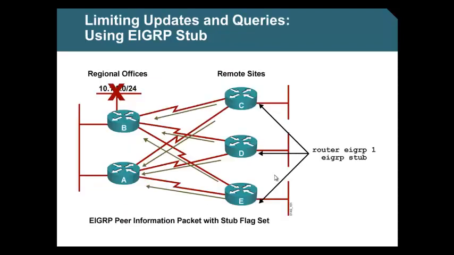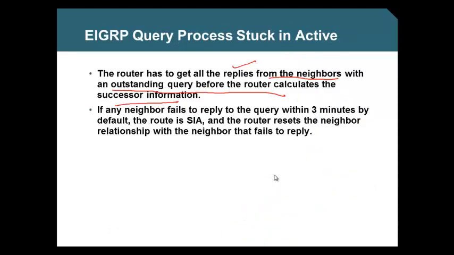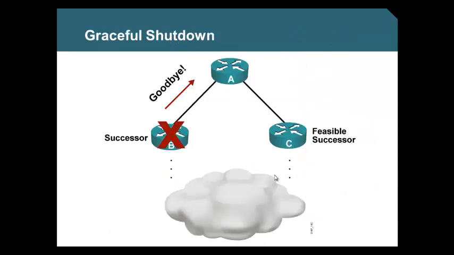So before we configure and see this stub, let us go and finish this chapter by saying goodbye. What is goodbye? When a router goes down, or when EIGRP in a router goes down, before going down, the final packet is what we call the goodbye packet.